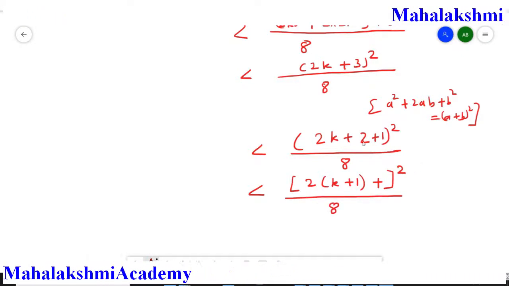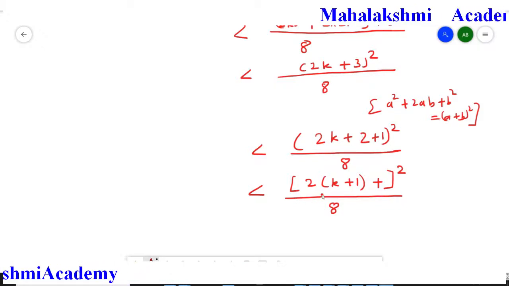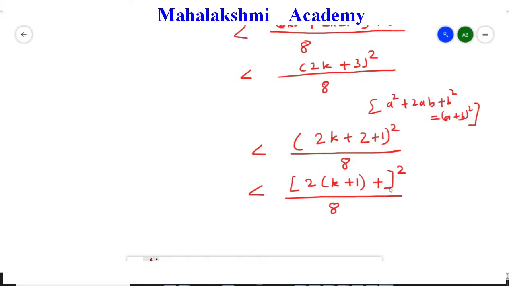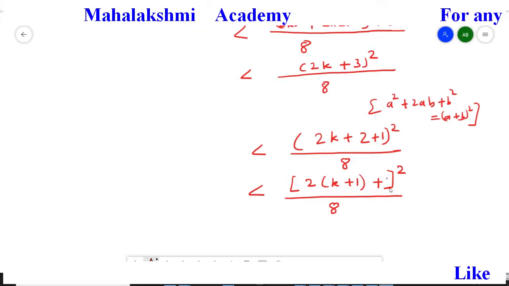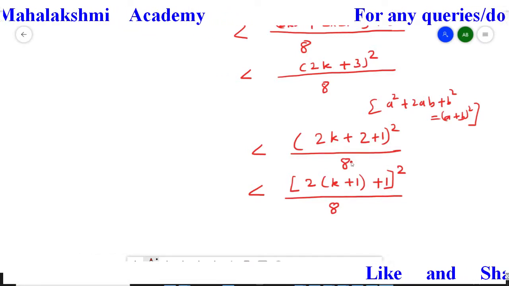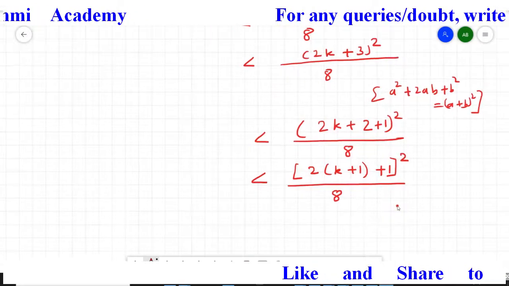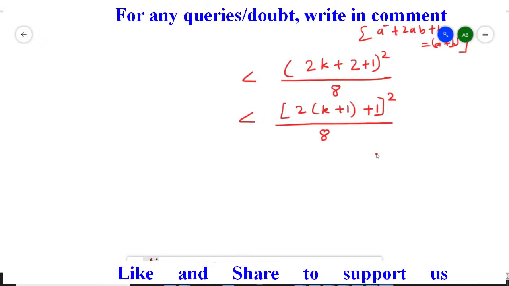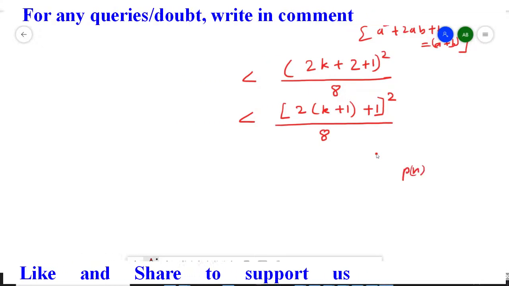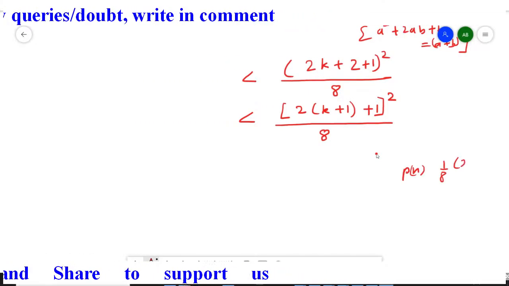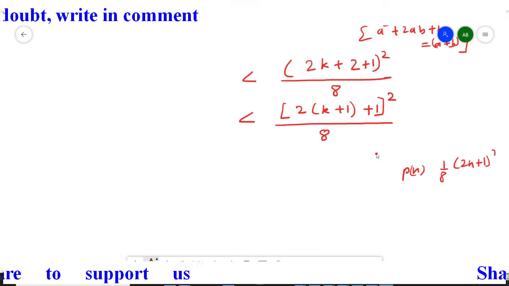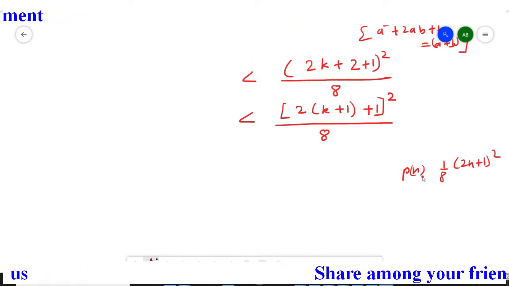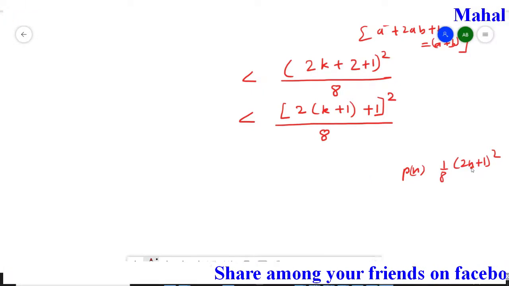Now what I had done is, from this 2k and 2 I took 2 common, so I remain with here k and here plus 1, and this plus 1 as it is, I forgot, sorry. So plus 1 as it is and divided by 8. Now why have we done this, students? Because you just see the P(n) right hand side. In right hand side you have 1 upon 8 (2n plus 1) whole square. So if you have here n, that time here also you have n.